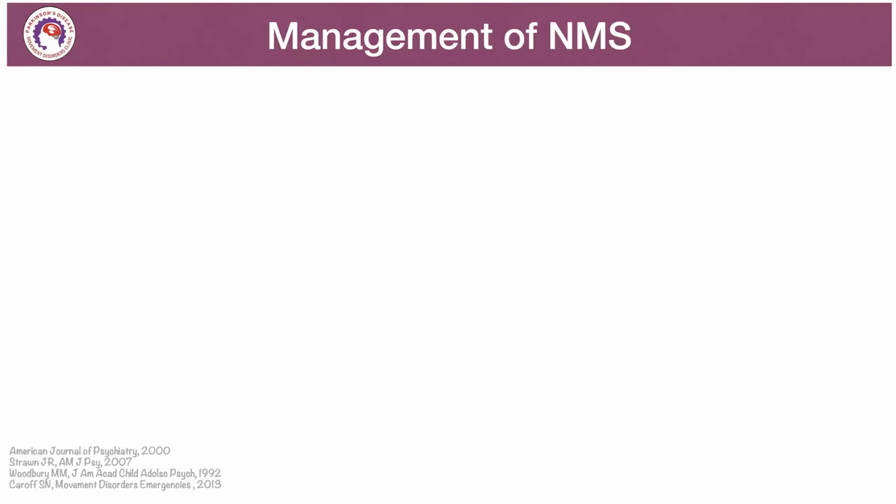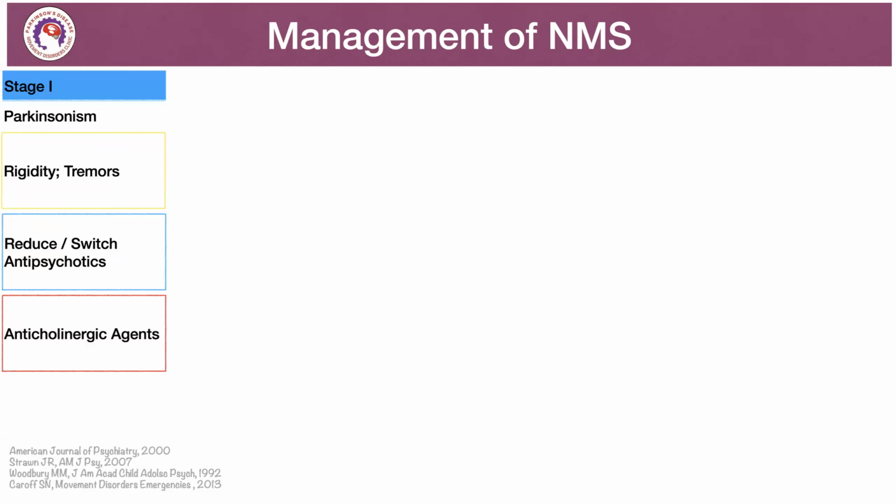How to manage a person with suspected neuroleptic malignant syndrome? It is based upon the stage at which you are seeing the patient. In stage 1, people primarily have slowness or Parkinsonian features in the form of rigidity and tremors. In this case, just reducing or switching antipsychotics will help, or in some patients, anticholinergic agents could suffice.